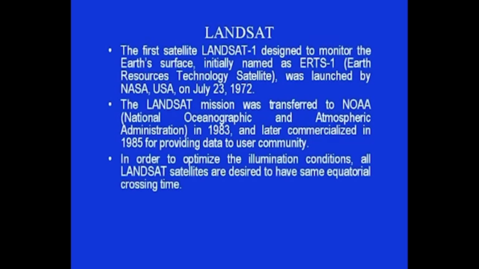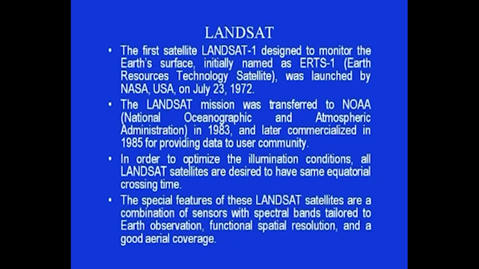In order to optimize the illumination conditions, all Landsat satellites are designed to have the same equatorial crossing time. The special feature of these Landsat satellites is a combination of sensors with spectral bands tailored to Earth observation, functional spatial resolution, and good aerial coverage.